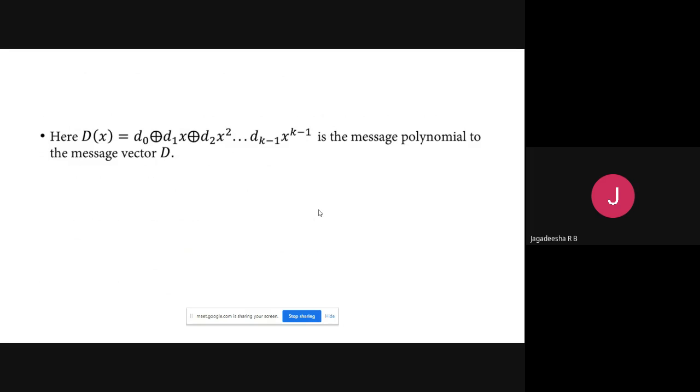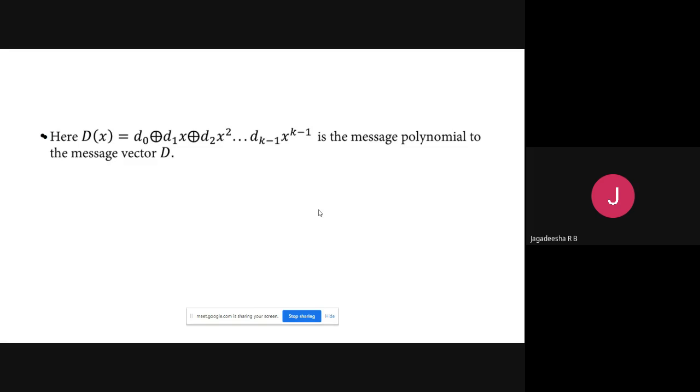This is what I mentioned. Data is d0, d1, d2, and so on, dk minus 1. Totally we have k bits. In polynomial form, we write it as d0 plus d1 x plus d2 x square, and so on. These d0, d1 are binary, so their coefficient values are 0 or 1.